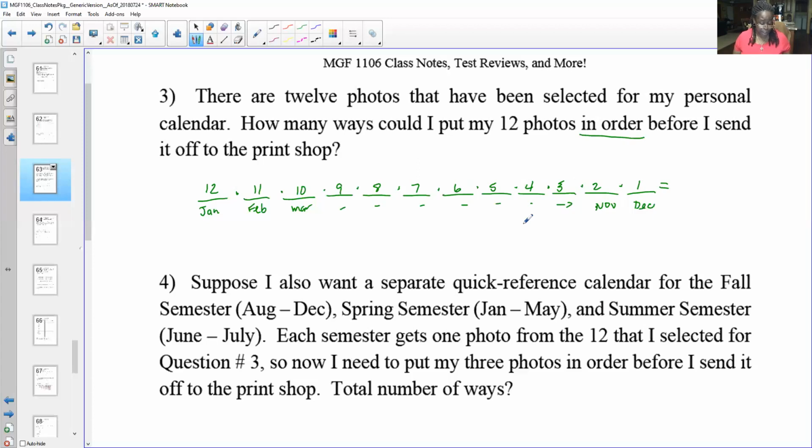So you're going to put it in your calculator, do the magic, and the magic is going to tell us that it's going to be a big number. You should have 479,001,600 ways. That's a lot of ways to organize or create a calendar, okay?